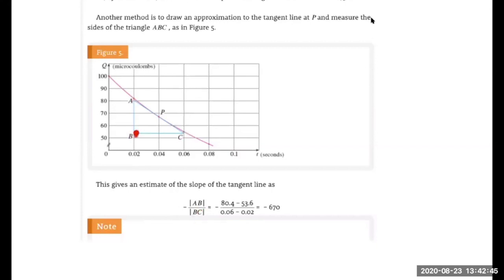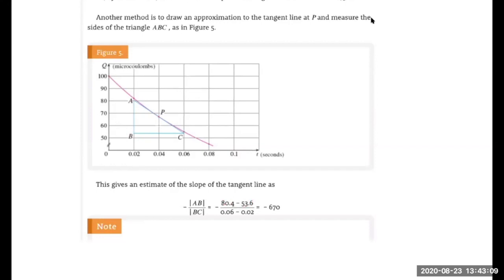Looking at the graph here, the Y coordinate of A is about 80.4, and the Y coordinate of B is about 53.6, and that's how they got those numbers.